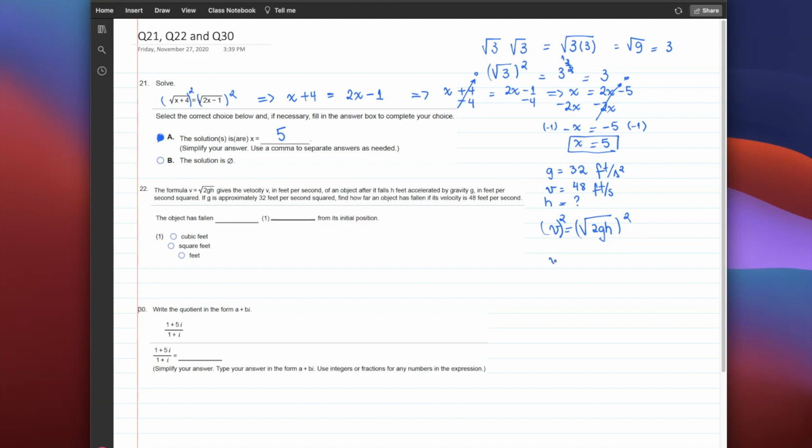And then I have v, velocity squared, is 2gh. How do I get h by itself? If everything is multiplying, I divide. This represents the coefficient for h. Then I divide by 2g on both sides.